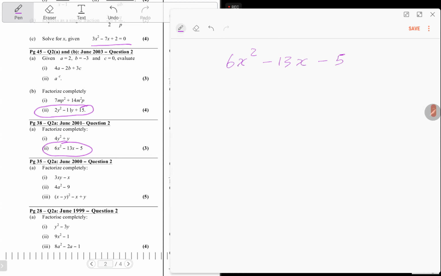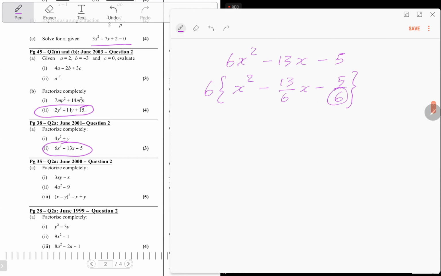No. All right, so let's factorize out this. So it's 6 bracket x squared minus 13 over 6 x minus 5 over 6. Then I need this number to be the square of this one. So in that 6, I need this to become 36.